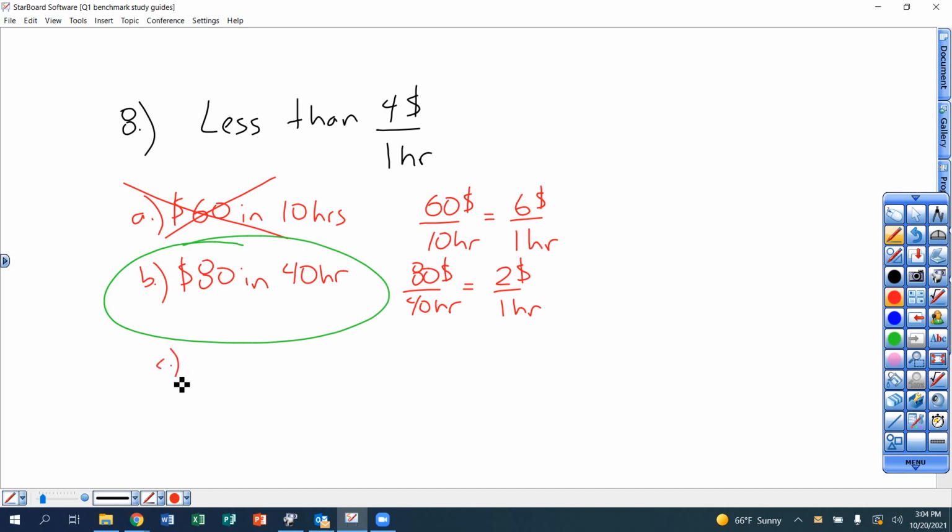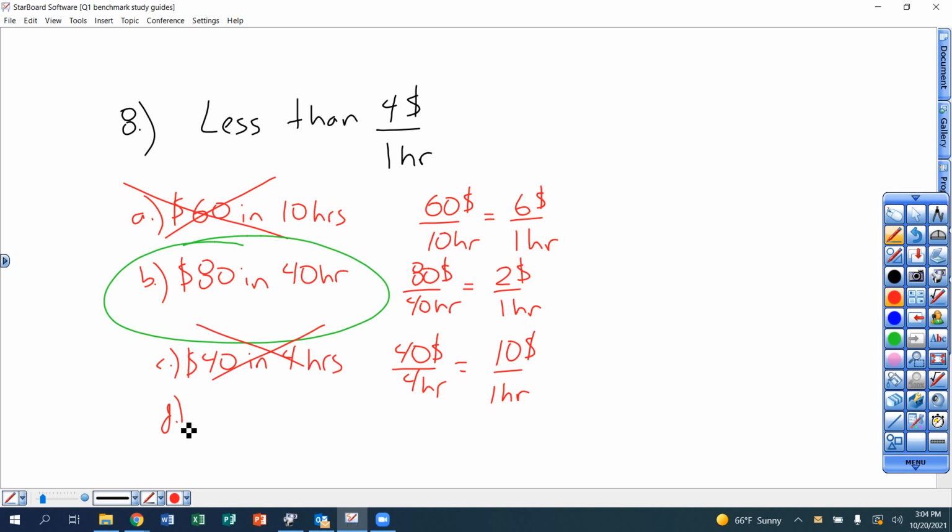If I look at choice C, $40 in 4 hours. If I divide 40 by 4, that gives me $10 per hour. And again, that is not less than $4 per hour.